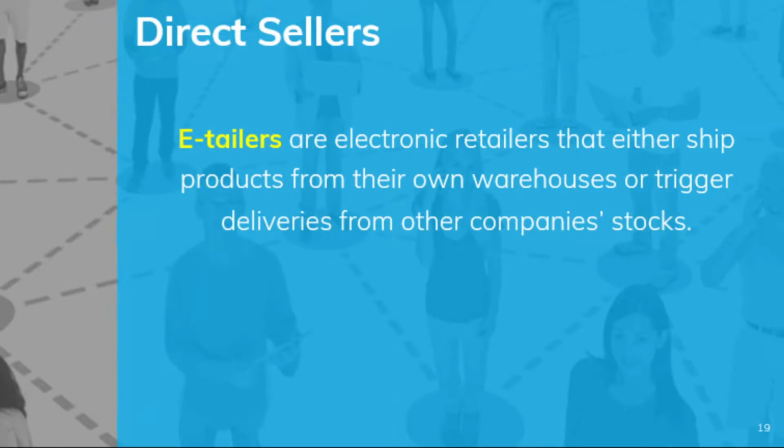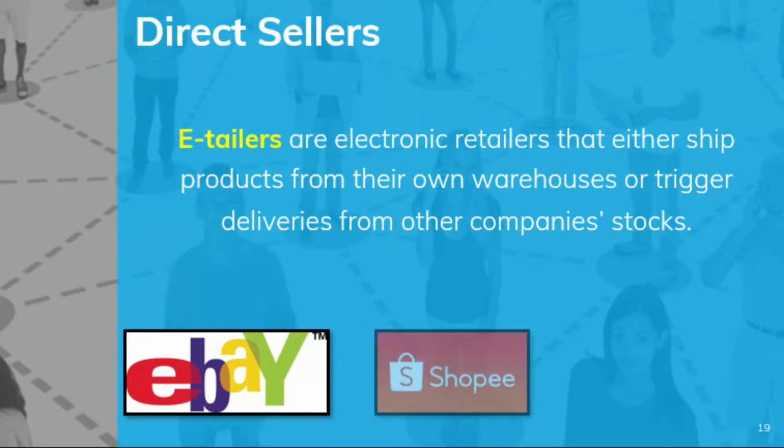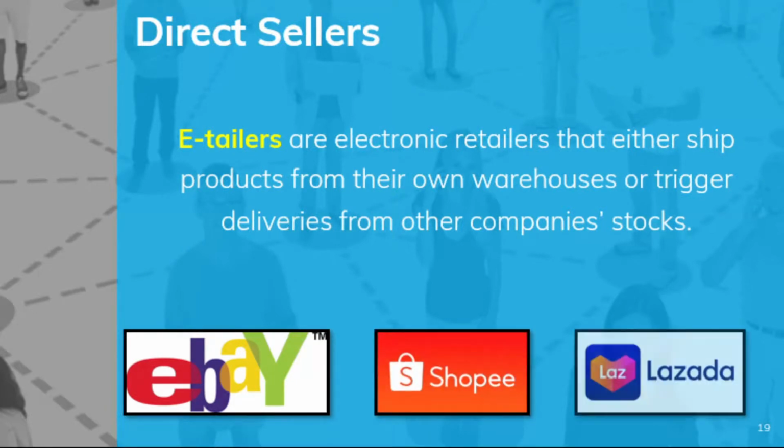Now, what are e-tailers? E-tailers are electronic retailers that either ship products from their own warehouses or trigger deliveries from other company stocks. Okay, so let me show you some examples first. We have eBay, we have Shopee, we have Lazada, right? The local ones. So now you have an idea what are e-tailers.